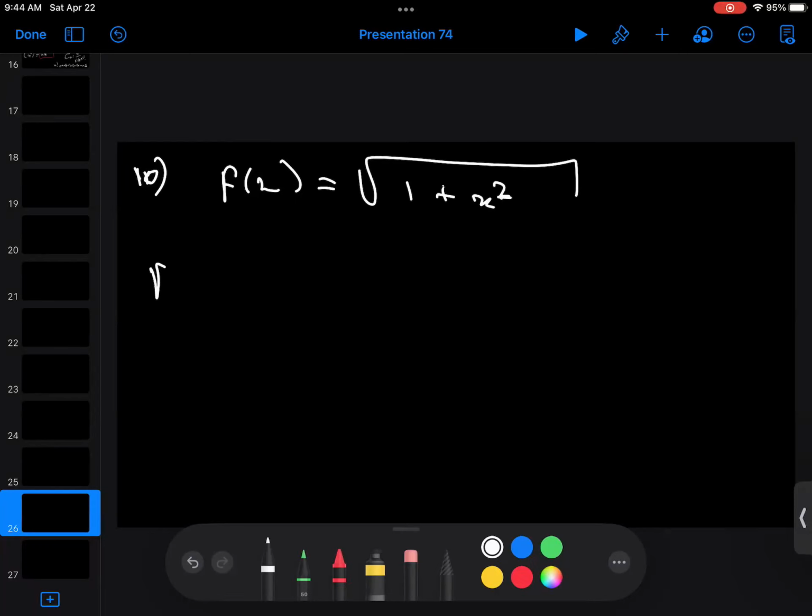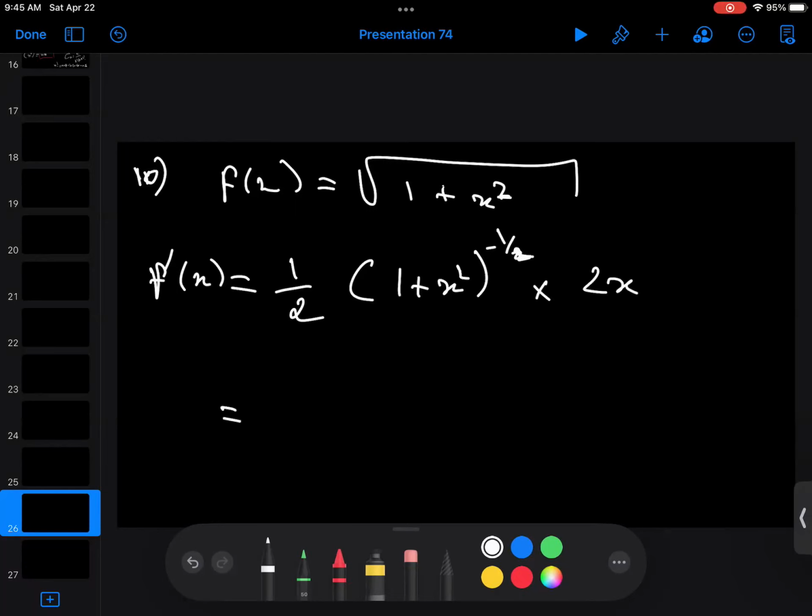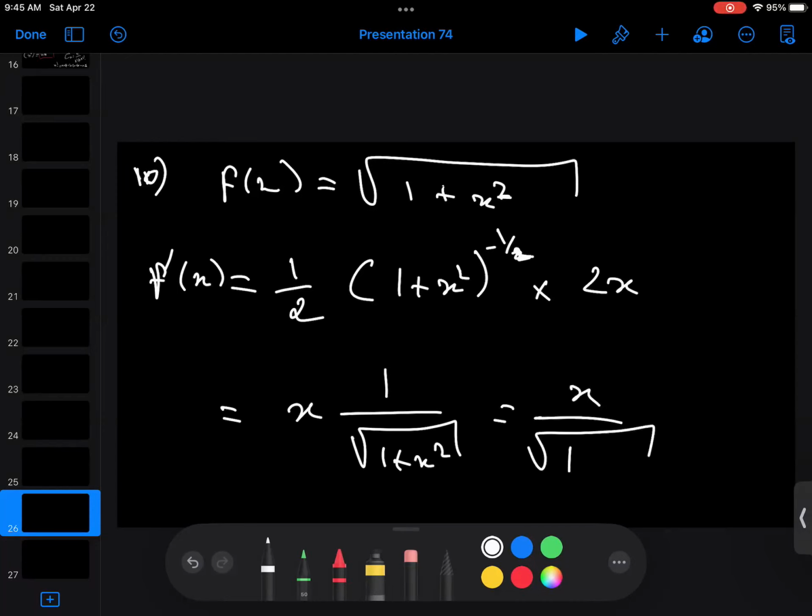And now if I look at f prime of x, the derivative of the square root is 1/2 of 1 plus x squared to the power minus 1/2, times 2x. 2x is the derivative of 1 plus x squared. So this gives me x times 1 divided by the square root of 1 plus x squared, which is x divided by the square root of 1 plus x squared.